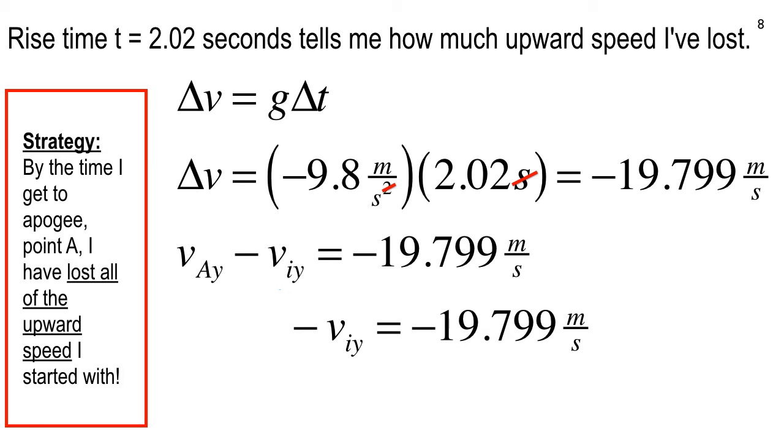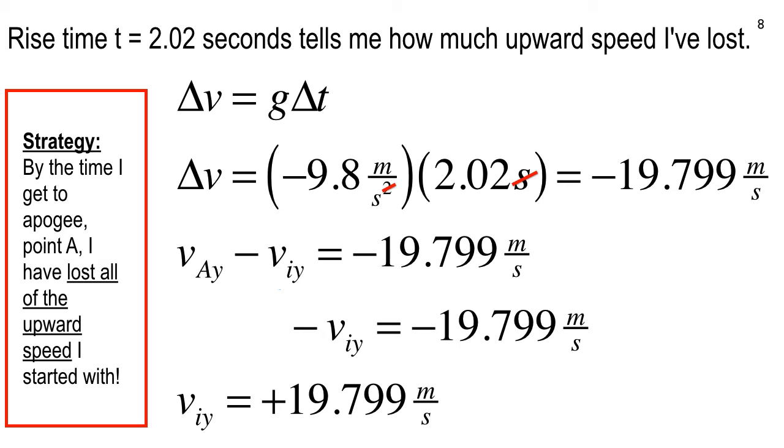So that means that V I Y itself is positive 19.799 meters per second. And my wonderful students, put a big check mark. Ching! We've got what we need for our y subscript f formula. At least we've got the main part of it.